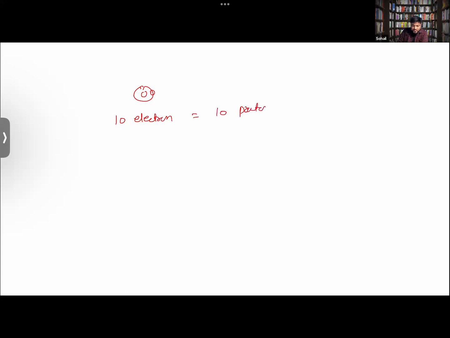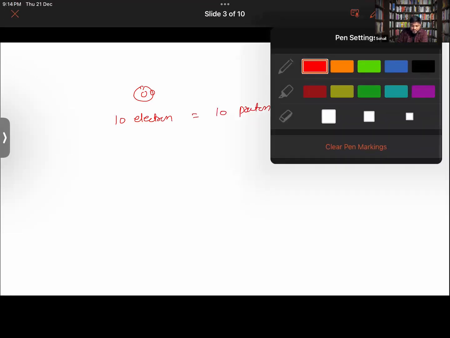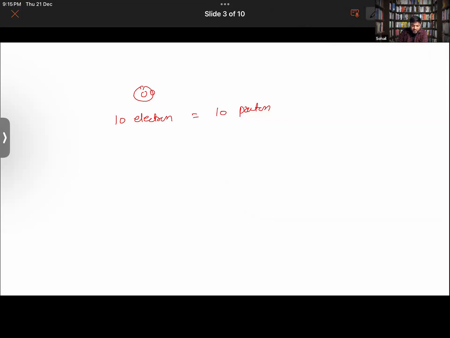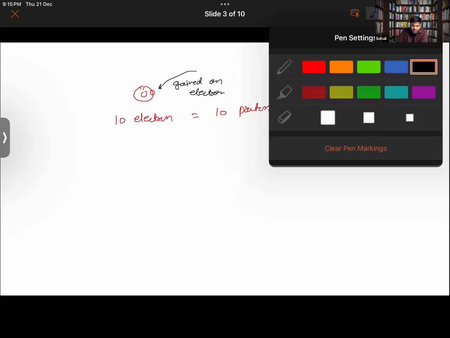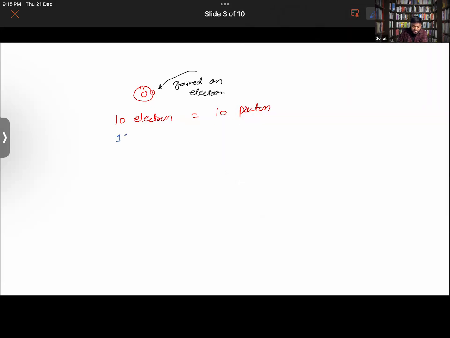Due to some external disturbances, it gained an electron. So now how many electrons are there? There are 11 electrons, while there are 10 protons, right?